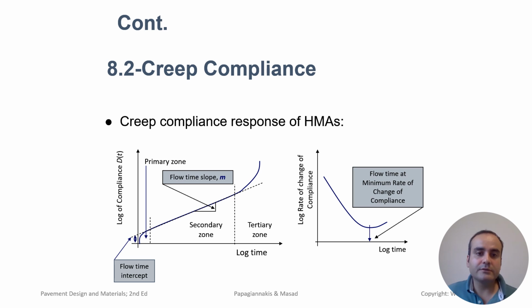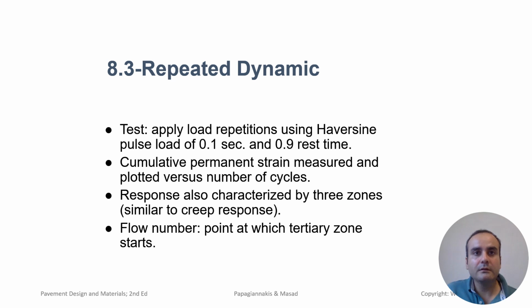This slide shows the creep compliance response of hot mix asphalt in three different zones: primary zone, secondary zone, and tertiary zone. The repeated dynamic test subjects the asphalt mixture to cyclic loading to simulate real-world traffic conditions, assessing the mixture's fatigue resistance and rutting performance.